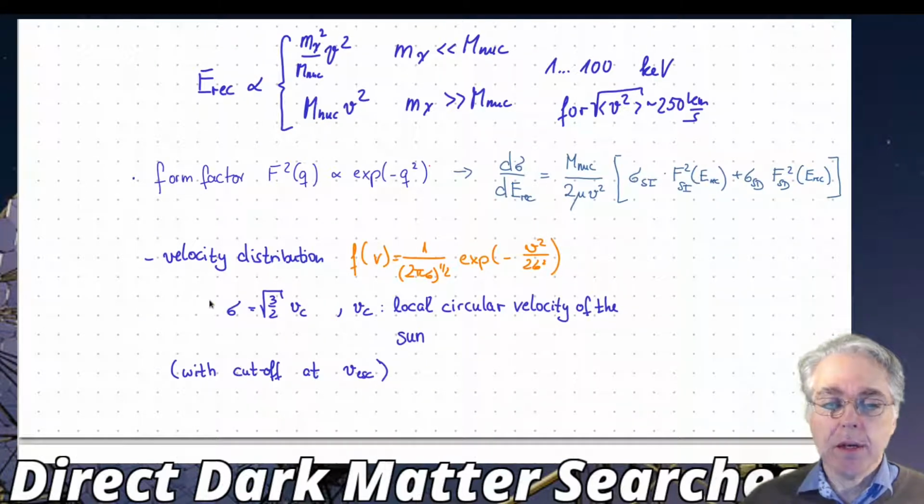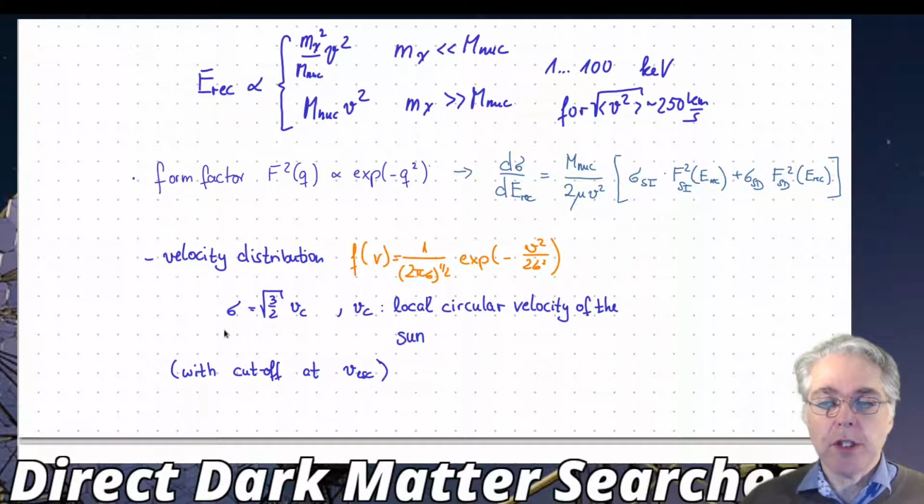The other important assumption in this whole game is the velocity distribution of the dark matter particles. The simplest approach is that this follows some kind of Maxwellian distribution with an average velocity of 0. The velocity is isotropically distributed, so we only care about the speed here, not the velocity vector.